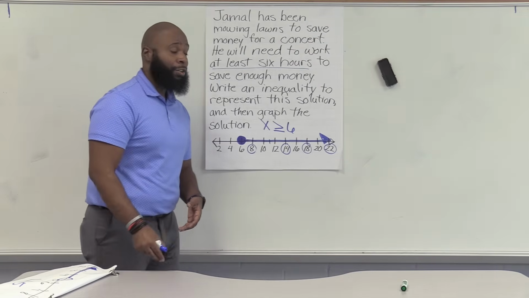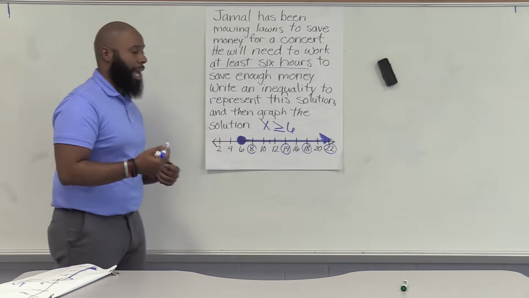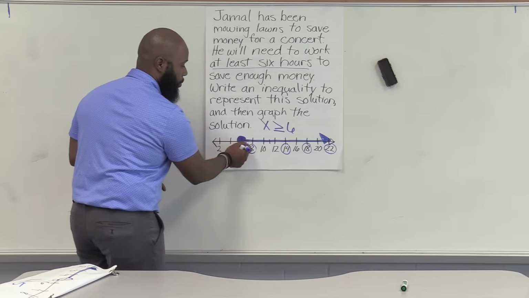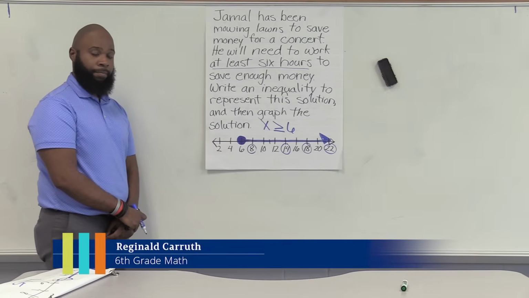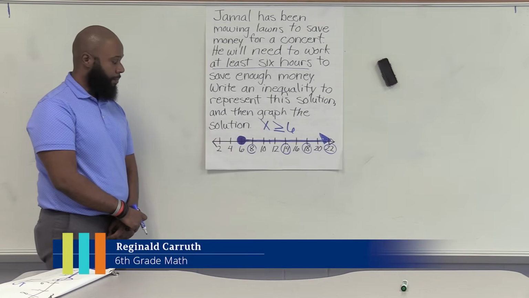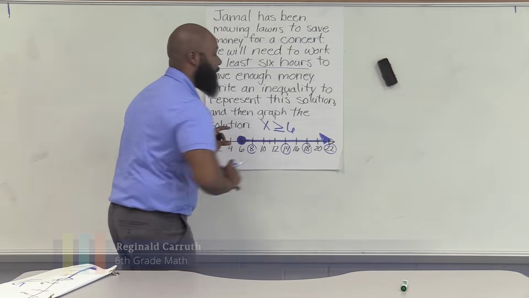Whew, you all are doing a great job. This has been amazing. So again, let's just recap some things that we talked about today. So when do I use a closed circle on my number line? Correct, if that number is included in my solution.